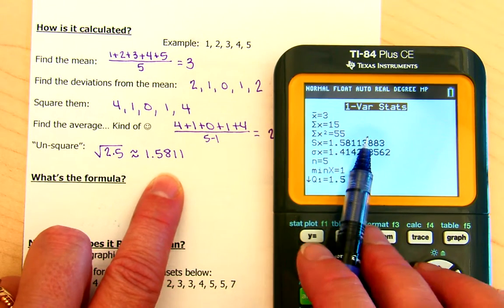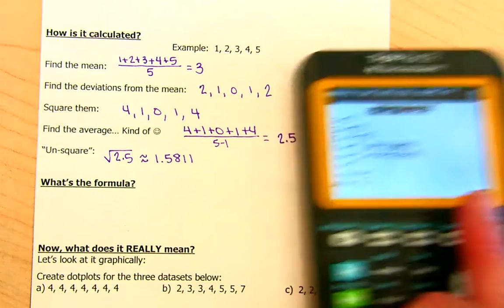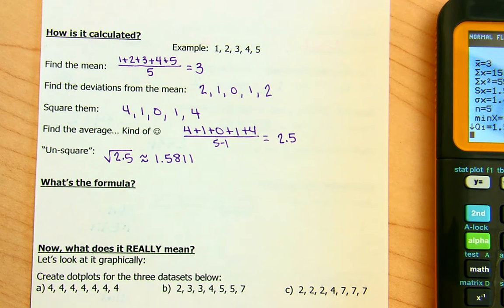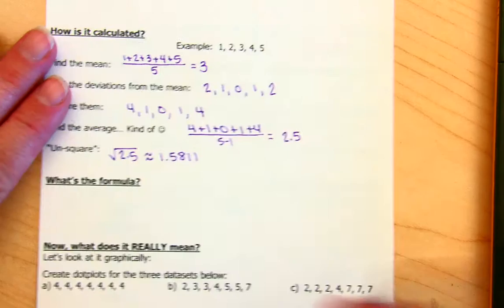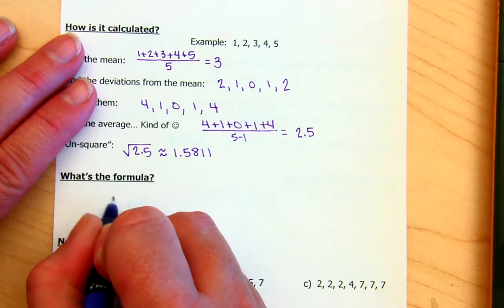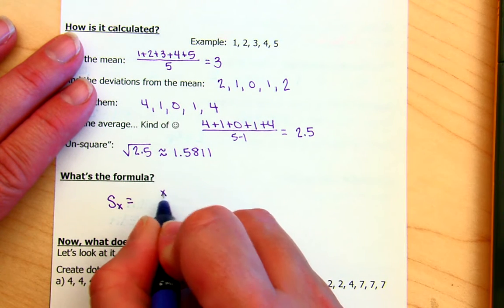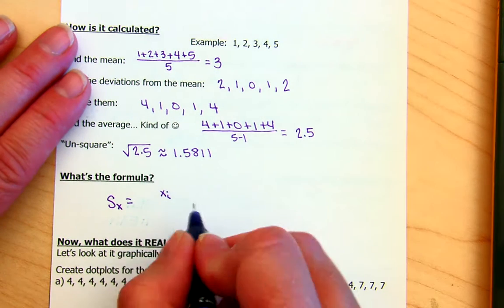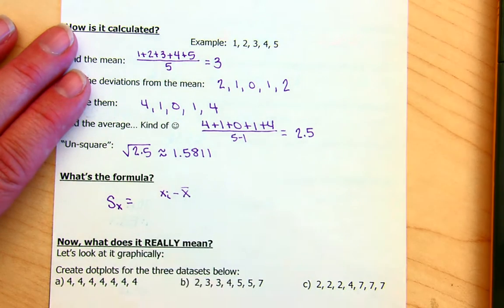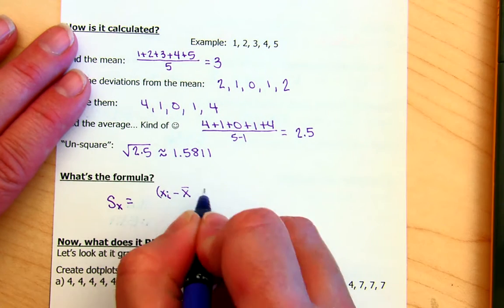So like I say, you need to understand the process of how that happens and what it represents. Actually doing the calculation, you won't be asked to do that. The formula, some people like to know formulas, so here's the formula we would use. We take each value, the x sub i's, and subtract the mean.